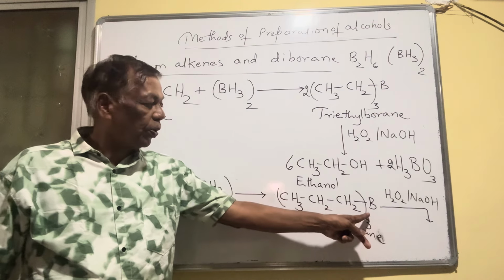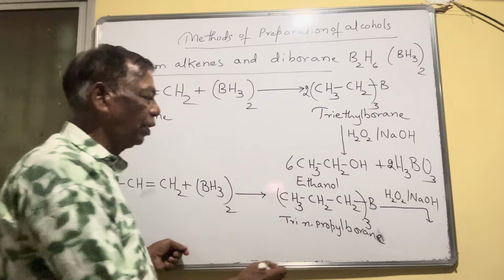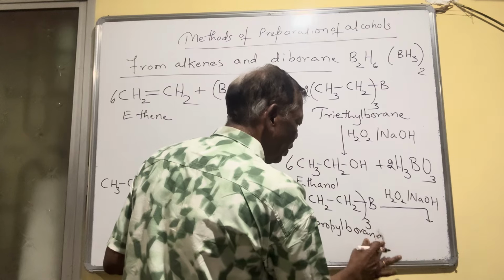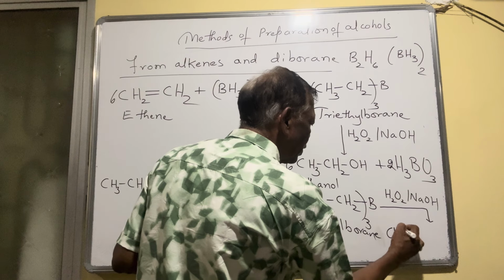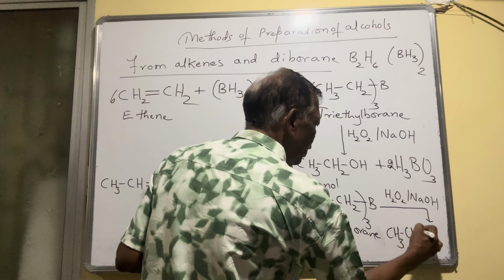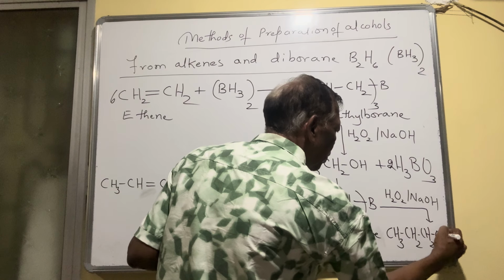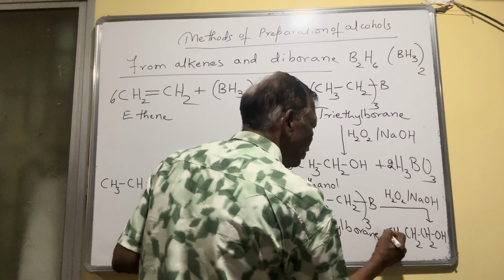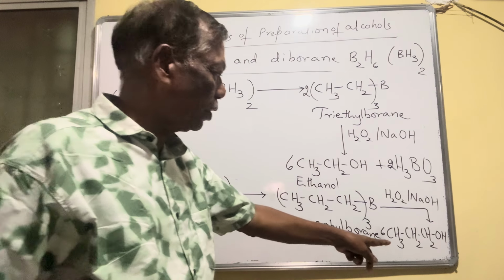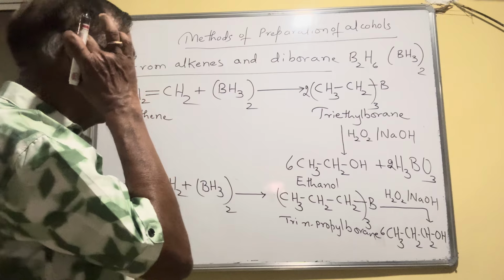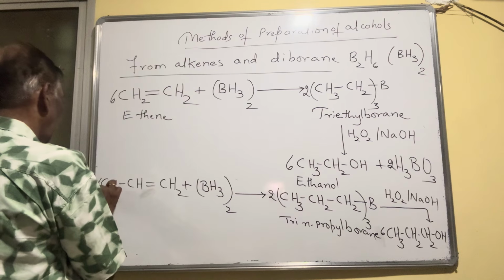That this boron will be removed and what will go there is OH. And therefore the product formed in this case will be CH3CH2CH2OH. Balanced by putting here 6. Just expand this and check the video. Now this will be balanced by putting twice, and this is 6 times.